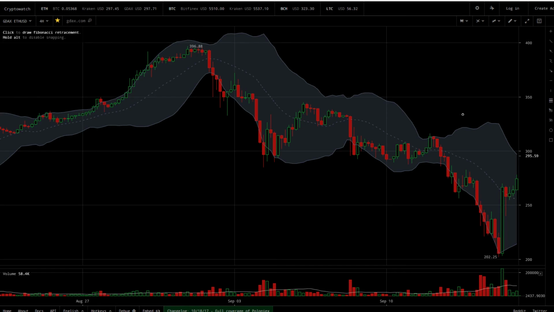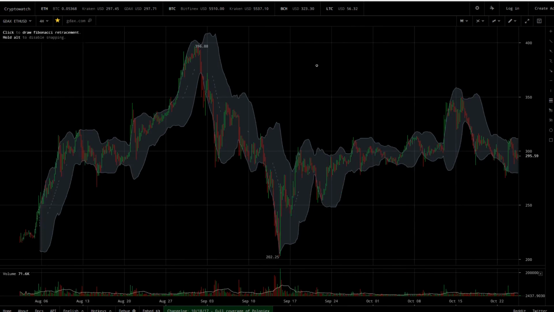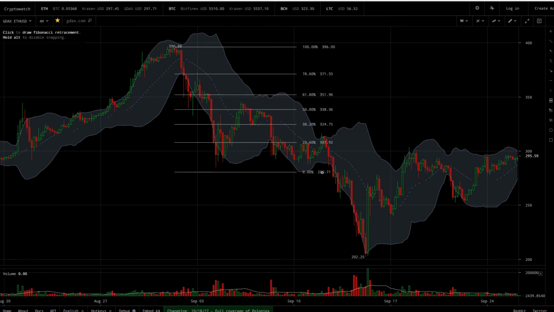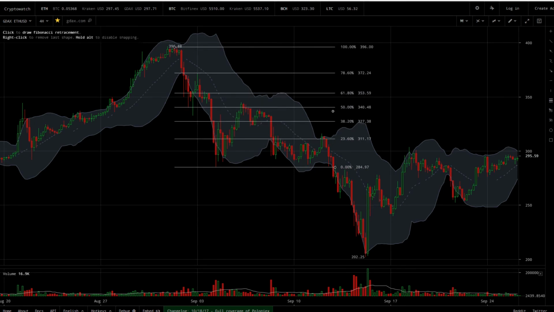So let's look at a couple bearish moves that retrace the 61%. At the last peak, entering into our previous bear market, we topped out at 396. We bottomed out for this move at the 285, and we see here that the market retraced to the 50. Remember how I said bears love the 50 or 61%?